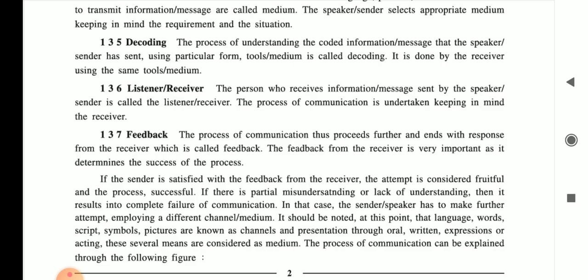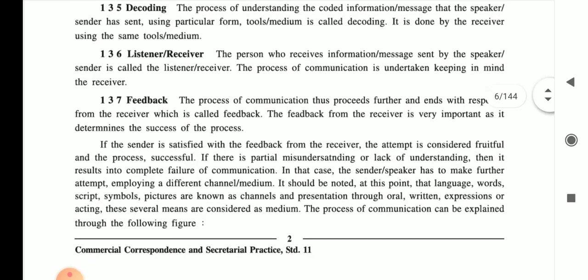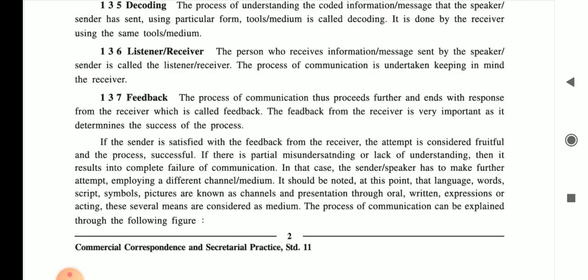Next one is the feedback. The process of communication proceeds further and ends with the response from the receiver, which is called the feedback. See, the process of communication further proceeds and the response is known as the feedback. Without feedback, the process of communication should not be considered complete.